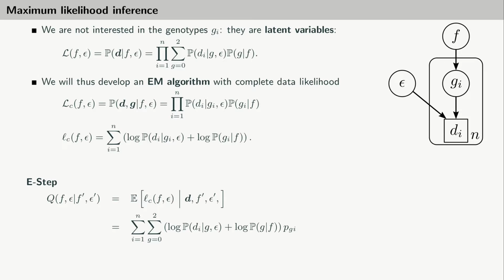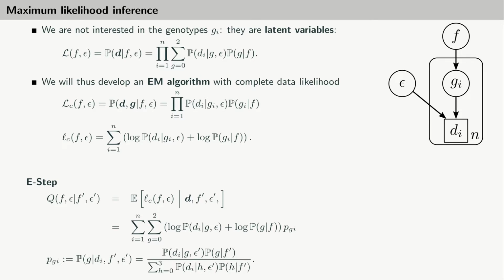The E step of the EM algorithm then consists of building the so-called Q function. That is, the expectation of the complete data log likelihood, L_C(f, ε), given all the observed data, as well as some current estimates of f and ε, denoted f' and ε'. That expectation consists of, for each individual, summing over all possible genotypes and weighting the complete data likelihood by some weights P_Gi.